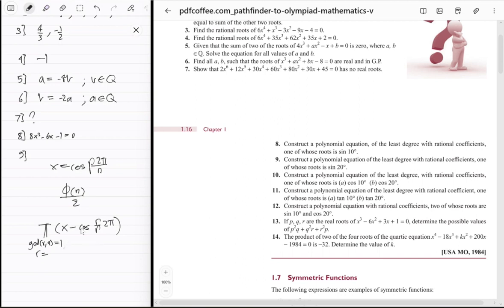Was 0 involved in this? I don't think so. No, 0 wasn't involved. So it just goes from 1 till n upon 2. n upon 2 may or may not be included, but you get the idea: r is less than or equal to n upon 2, and it should follow this rule all of the time. And this is a product, by the way.